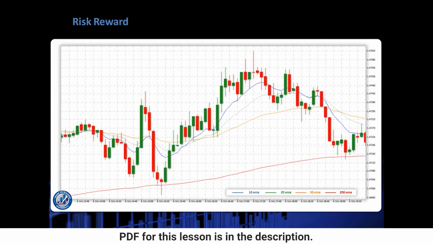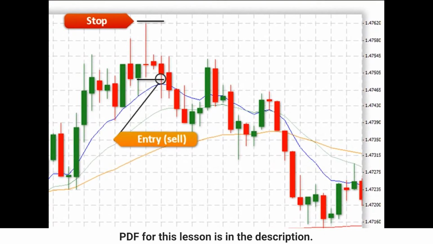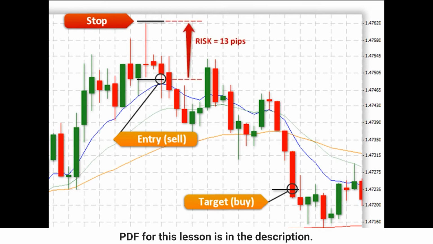So let's look at this example. If we enter as indicated and have our stop as shown here, and our target price is predetermined at that level here indicated, we then look at our risk, which here is 13 pips, and we see our potential reward, which is 26 pips.